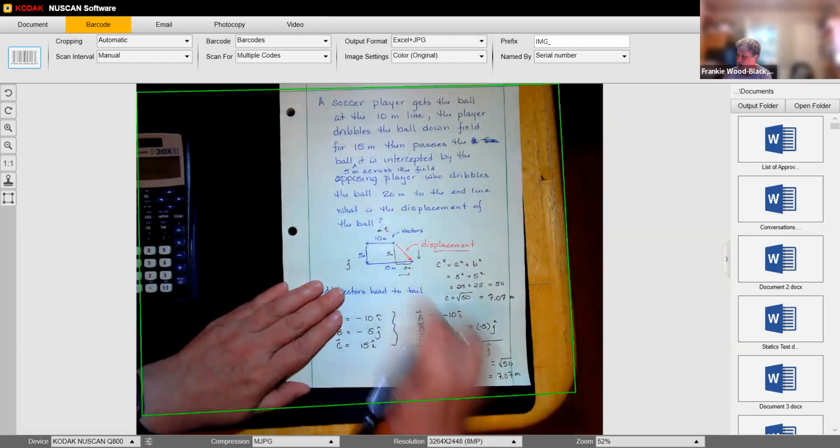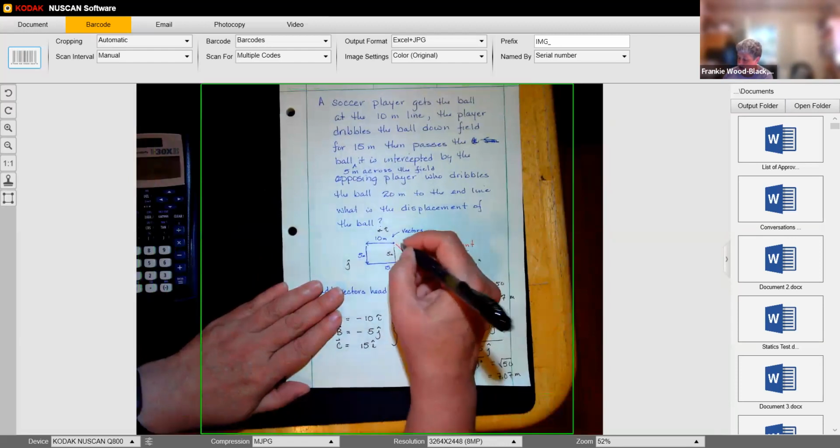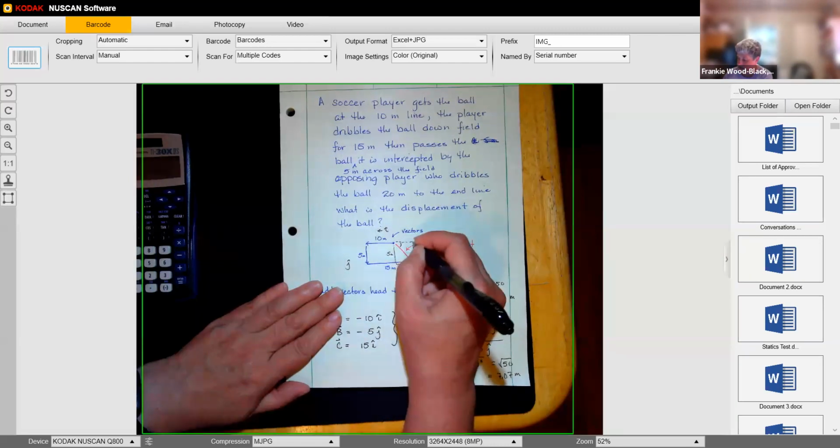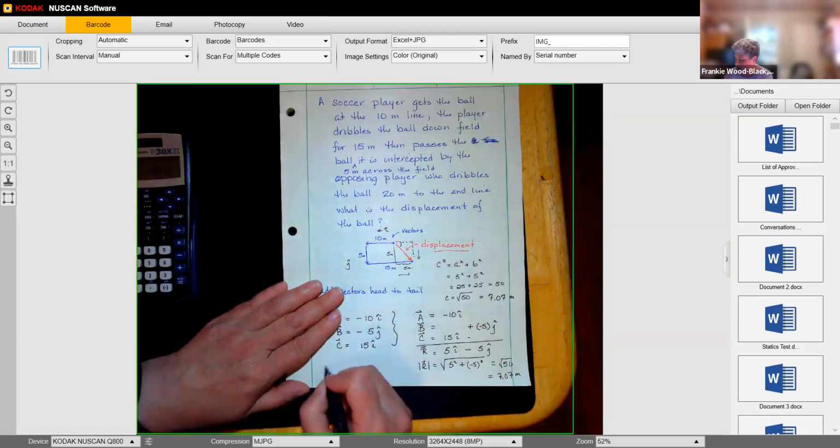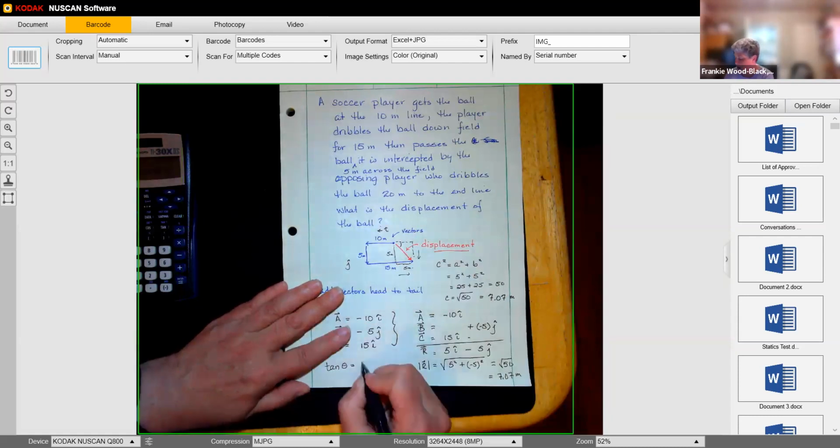The other thing is if I want to find an angle here, so I want this angle, well, because we know that that is a right triangle, we probably can guess what the angle is, but basically what it's going to be is the tangent of the angle is going to equal my y component divided by my x component.